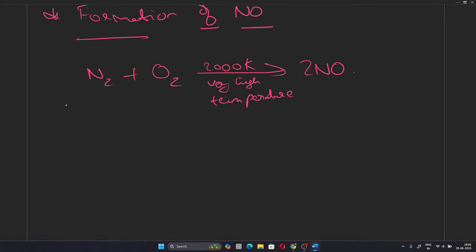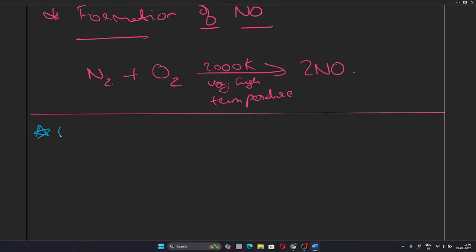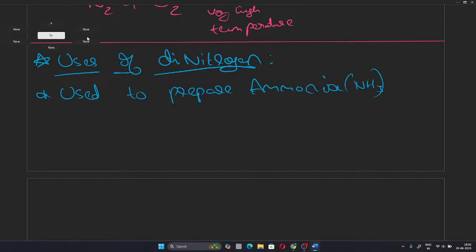And this is the properties, and as for the industrial or normal uses of dinitrogen, one, it is used to prepare ammonia, NH3.